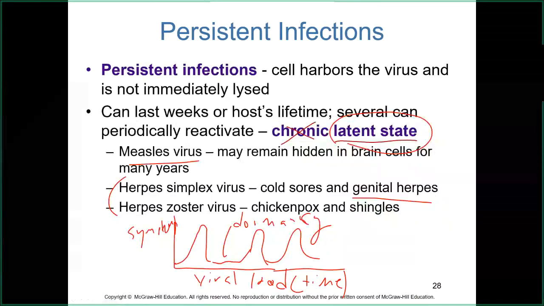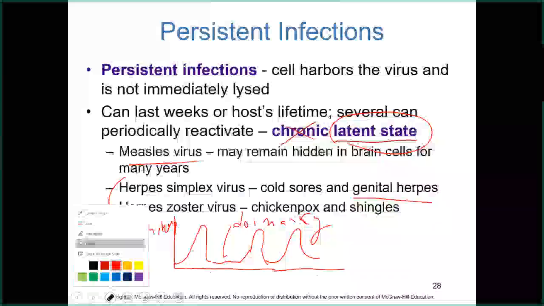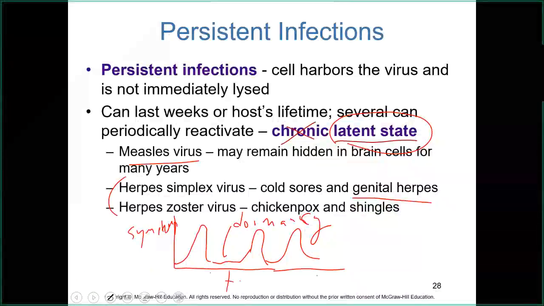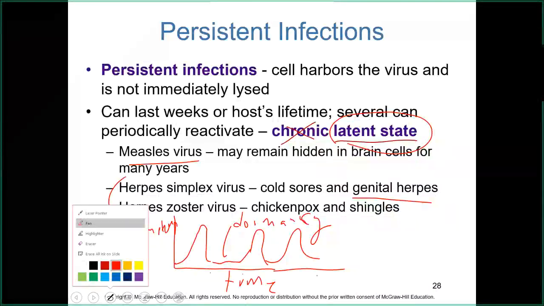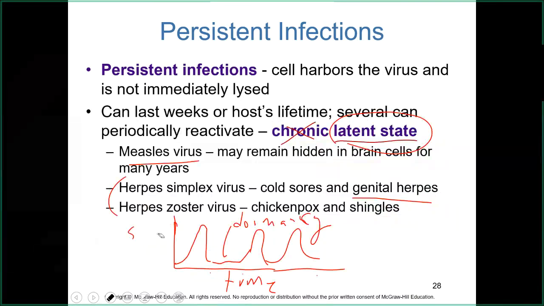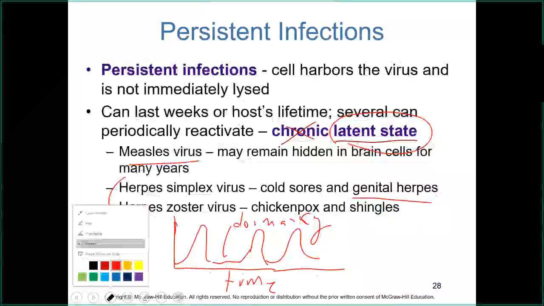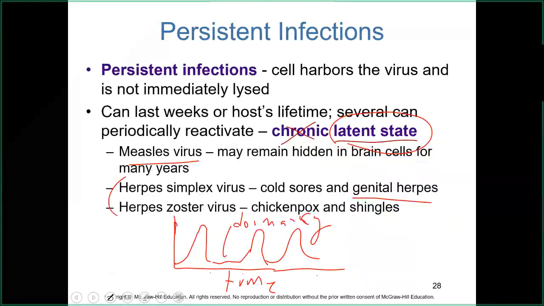Actually, on this axis down here, I apologize, I messed this axis up. This axis down here is time. I'll get it right. That's time. And then on this axis here, this is viral load.